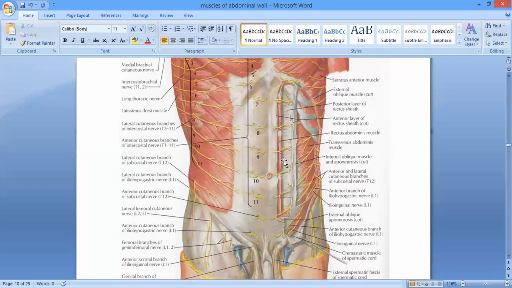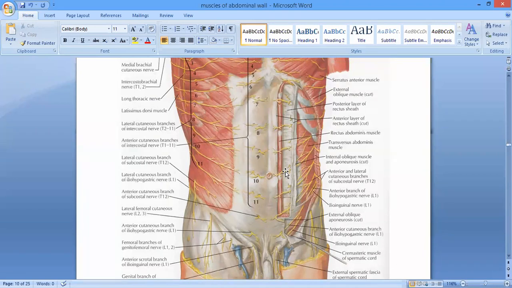Piercing the rectus sheath, they are going to supply the skin in this region. So we have got the anterior rami of the lower 6 thoracic nerves over here. So we have got the 5 contents of the rectus sheath: the rectus abdominis muscle, the pyramidalis, the superior epigastric vessels, the inferior epigastric vessels, and then the anterior rami of the lower 6 thoracic nerves.